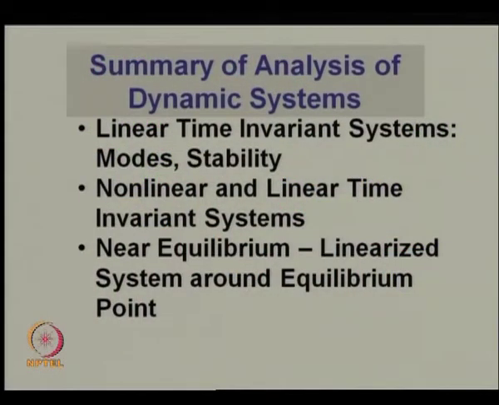An exception to that is when we are analyzing the behavior for small disturbances around an equilibrium point; we can derive a linearized model from the nonlinear system for the analysis of small disturbances from the equilibrium. Of course, once we linearize the system, we can use the tools of eigenvalue and eigenvector analysis.